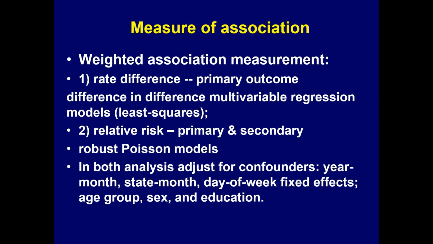Under this weighted design, two association measurements were conducted. One is the rate difference for the primary outcome using difference-in-difference multivariable regression models. The second is the relative risk for primary and secondary outcomes using robust Poisson models.